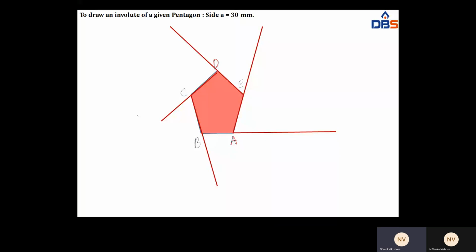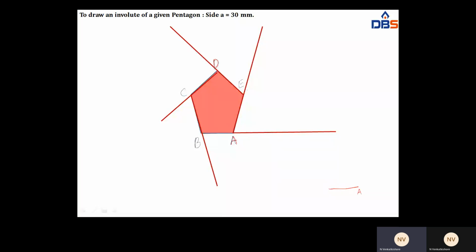So for five sides, firstly draw the pentagon. Then how to draw the pentagon basically? We actually discussed this in the geometrical constructions also, so once again I will explain it. It is very easy. This is the easiest method to construct a pentagon.